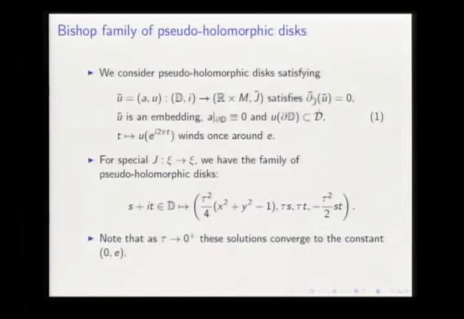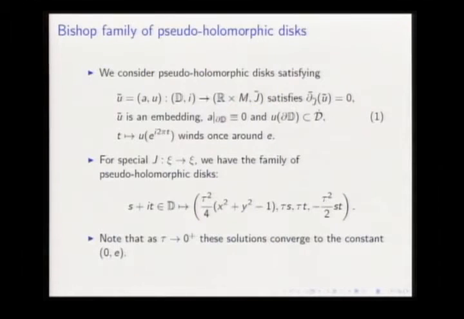And you find very nearby pseudoholomorphic disks emanating from the singularity. And there is an explicit formula for those disks. It's a family of solutions.